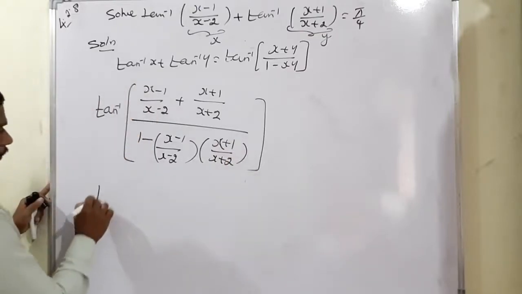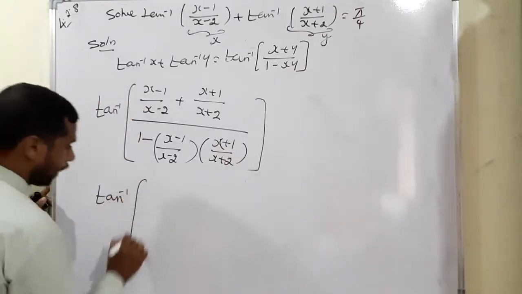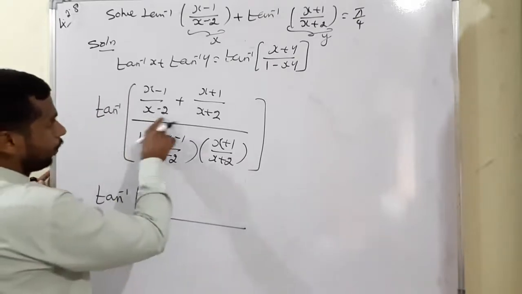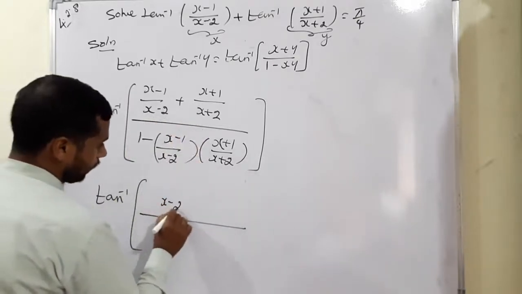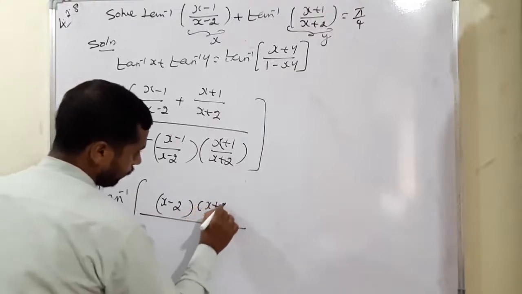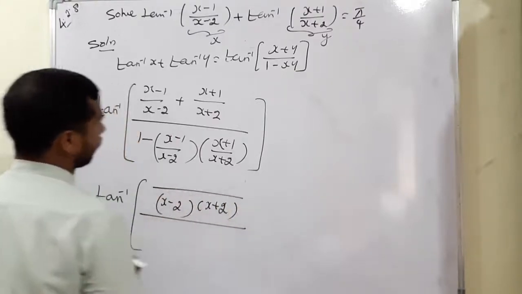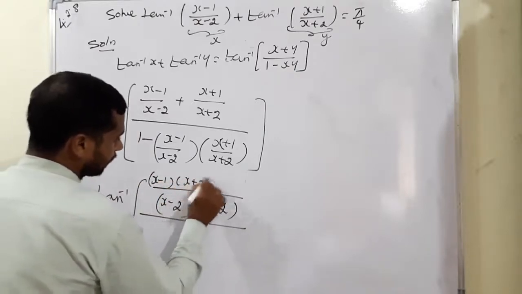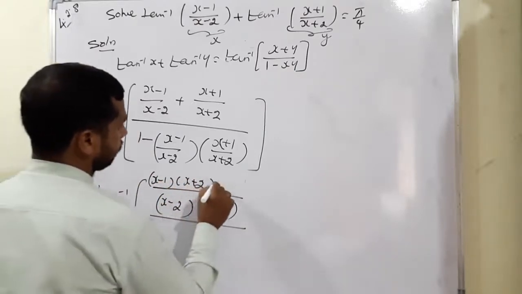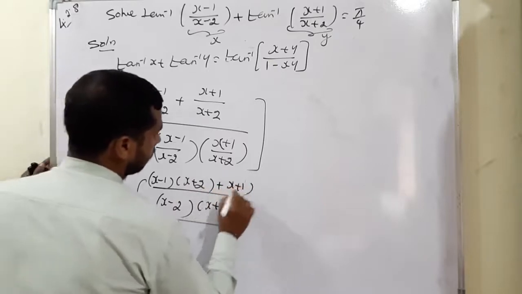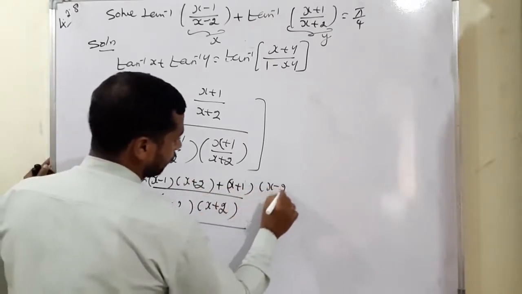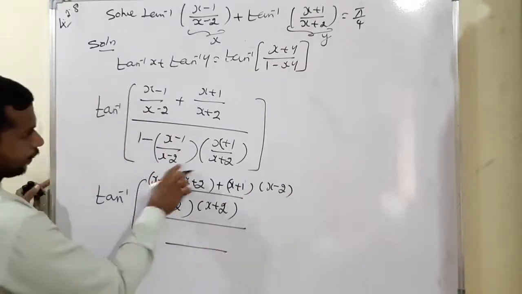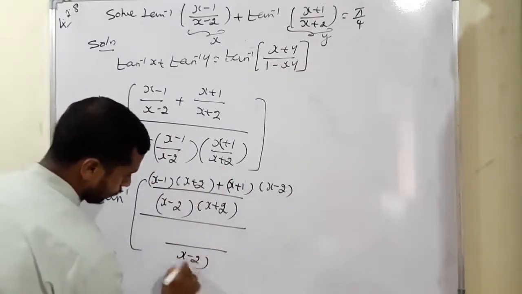Now what we have to do? Tan inverse, take the common denominator (x minus 2) into (x plus 2). The whole term is divided by, cross multiplying, (x minus 1) into (x plus 2), next term plus (x plus 1) into (x minus 2), over the denominator (x minus 2) into (x plus 2).